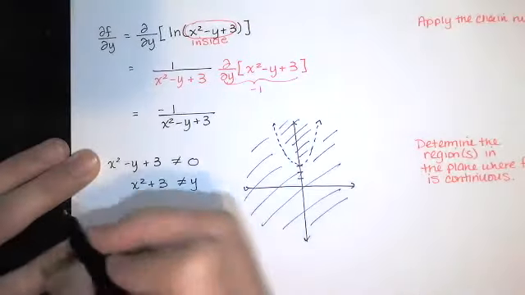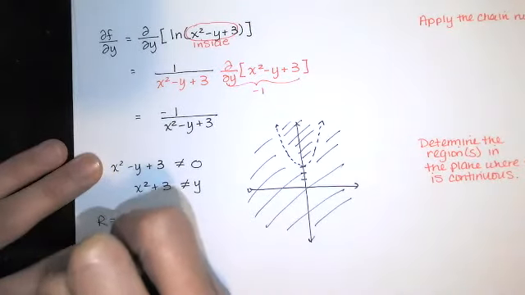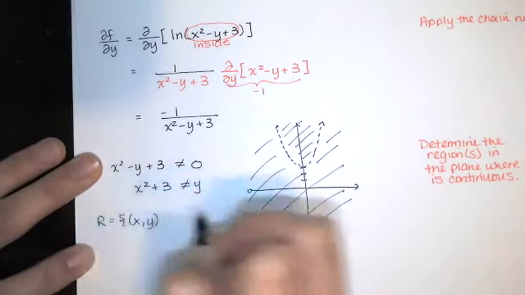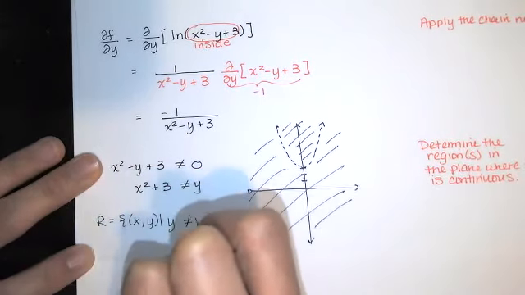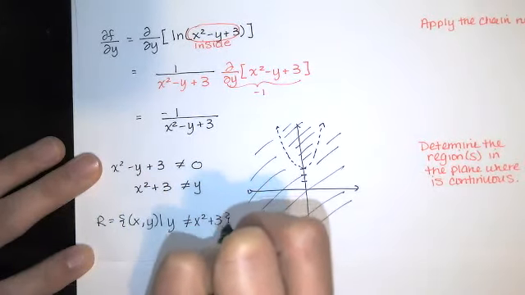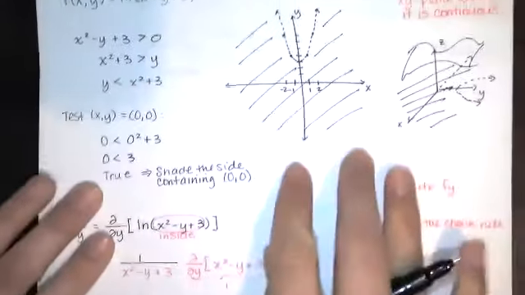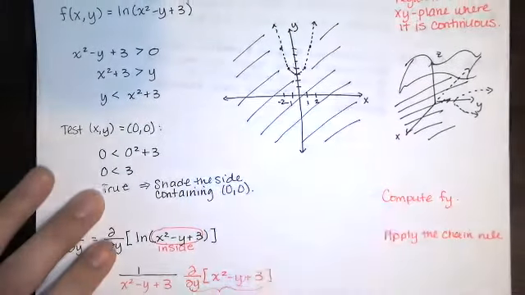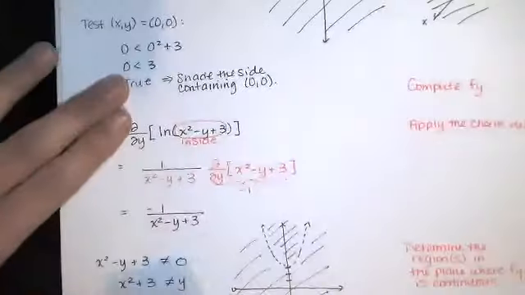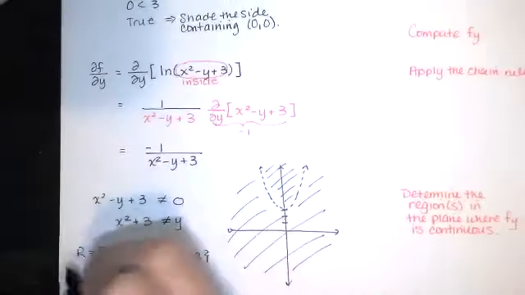Now this region that I've sketched would be described this way: the set of all xy such that y is not equal to x squared plus 3. And this region over here would be described this way. I'll call this one, excuse me, r sub 2, and I'll call this one r sub 1.